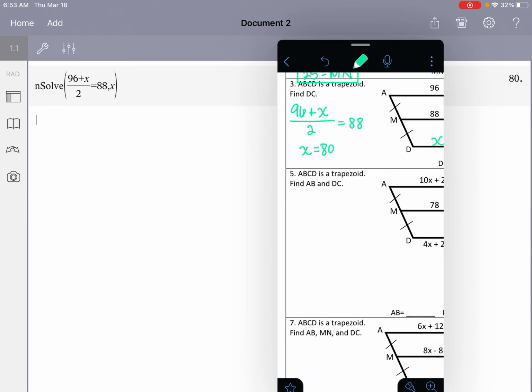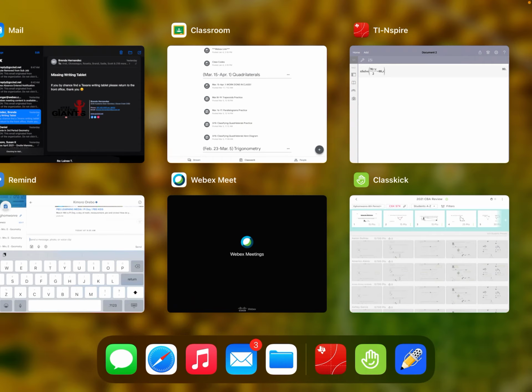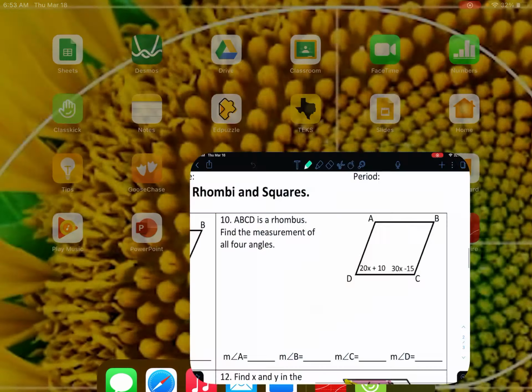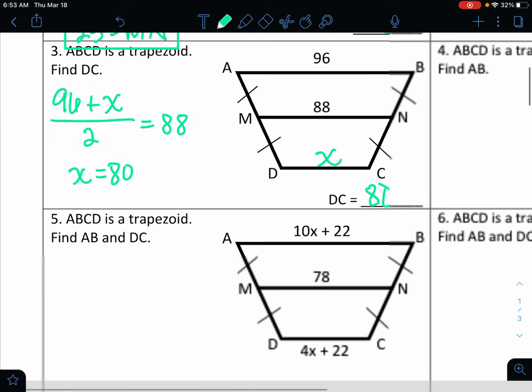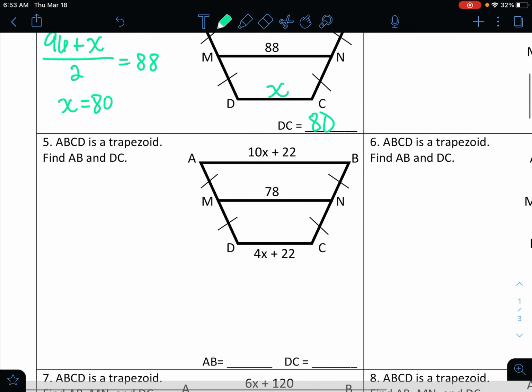All right, so let's go to number 5. This time we're taking it up a notch because now we're introducing an actual variable. We're going to set this up the exact same way.